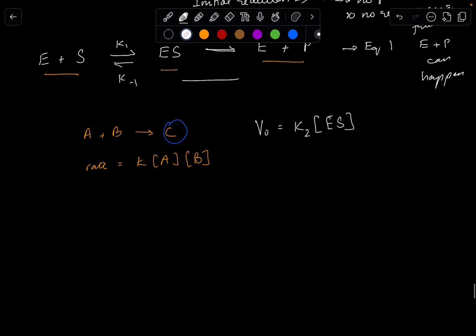There's another assumption that we're making, well, this is not an assumption, but this is just accurate: what is the total enzyme concentration, E total? What does the total enzyme concentration comprise of?